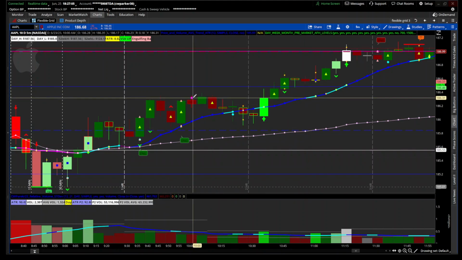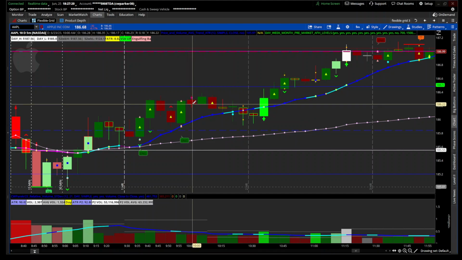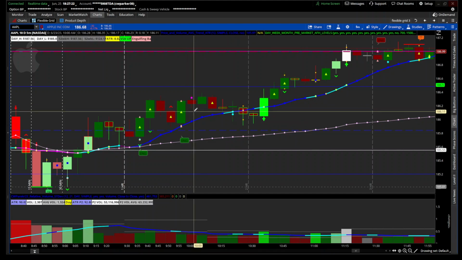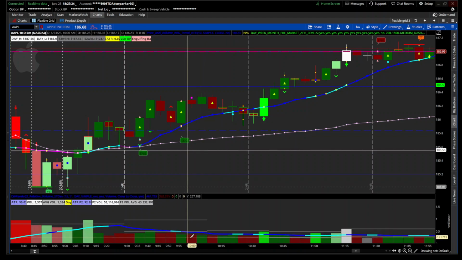And here's your bearish divergence dot right here. This little dot is showing you that price made a higher high but a lower close on increasing volume. And we can look at the volume right here.